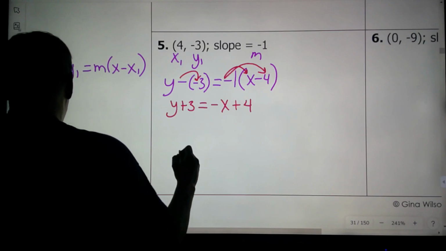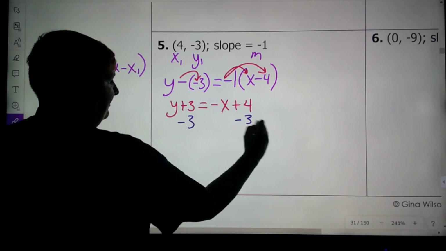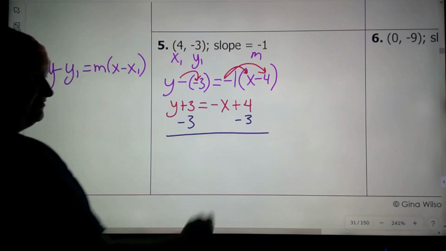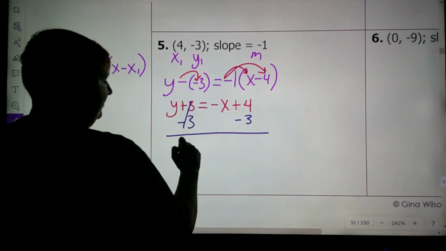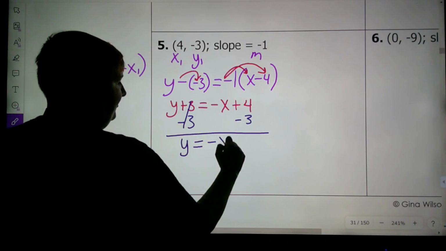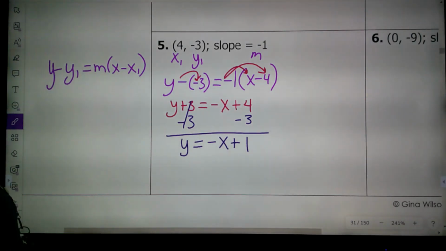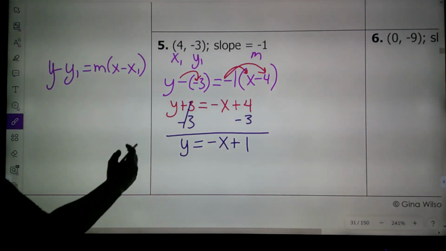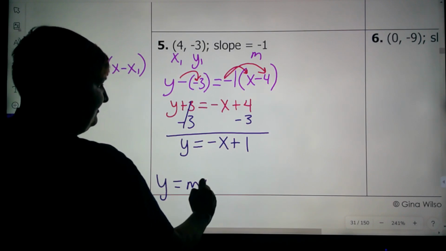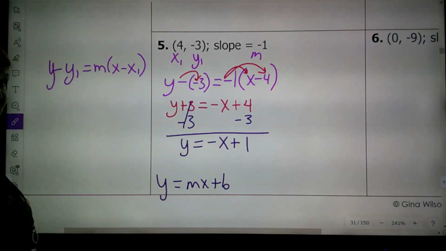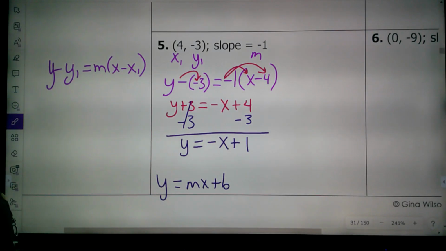Now, all we have to do is get rid of that positive 3, and the y will be by itself. You notice how I lined up the like terms? Constants go with constants. Y equals negative x plus 1. That's your answer, and it's in the correct format, y equals mx plus b. Because you followed the steps correctly, your answer is already in the right order.